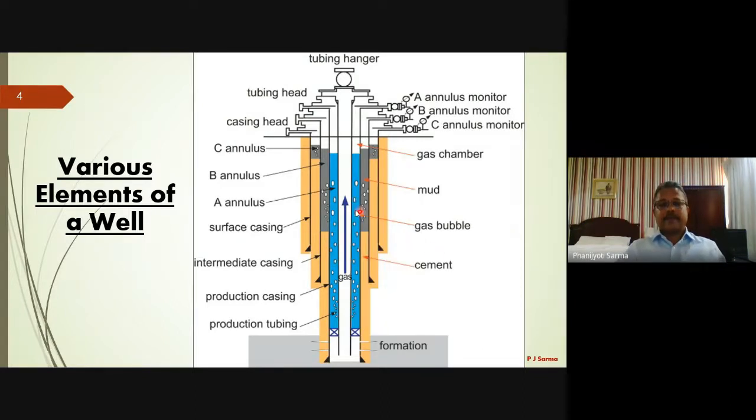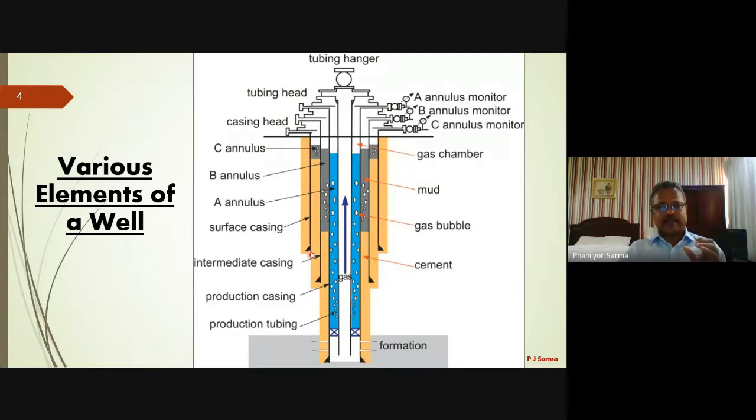All right. So in order to produce from the formation, we need to drill through the formation, which is far away from the ground. So we are drilling a well in various phases, in a tapered type. One section of hole is drilled and then casing is landed and cemented.